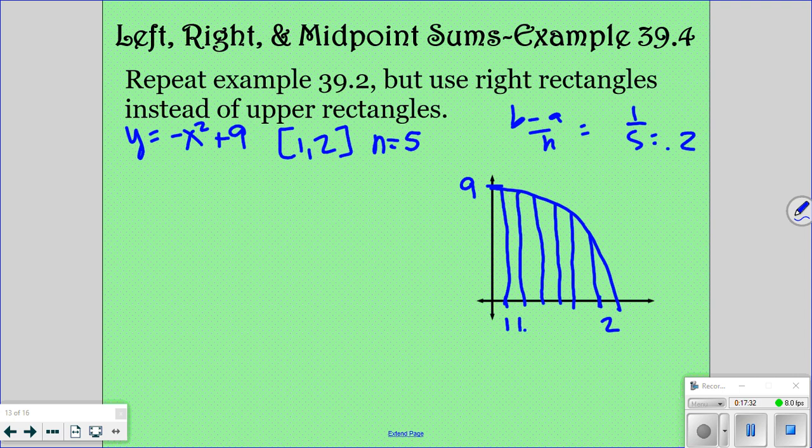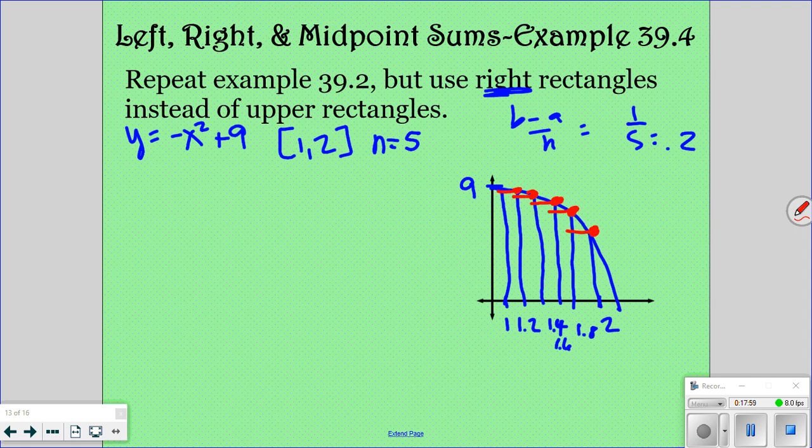So we're going to have 1.2, 1.4, 1.6, and 1.8 for our numbers. And it says use right rectangles. So when it says right rectangles, you're always going to start from the right. So here, here, here, here, and here.